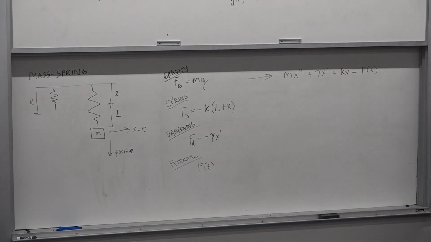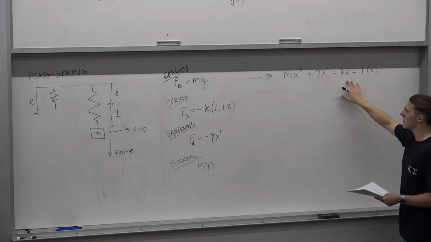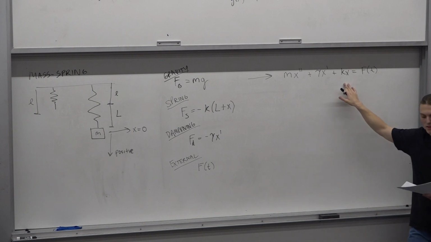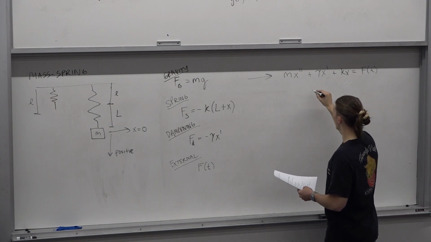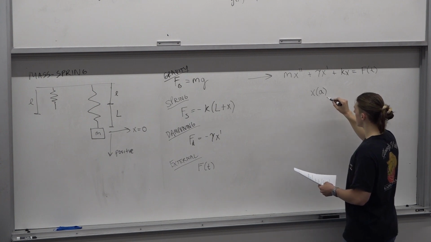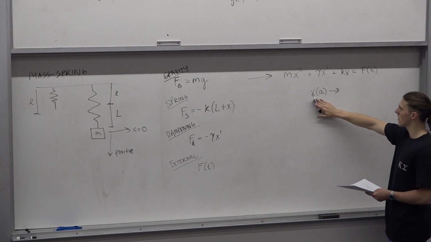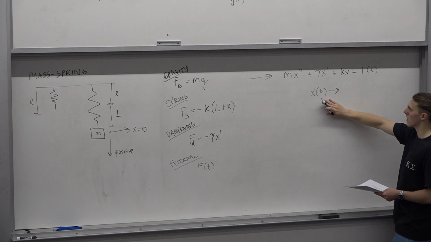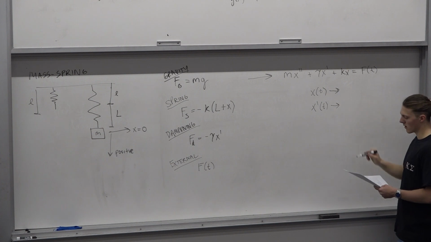So this is our fundamental starting point. This is what we're going to try to work out with the information that's given to us in the problem. And then we're also going to get some initial conditions. So we're probably going to get something like x of 0 and its first derivative, x prime of 0.